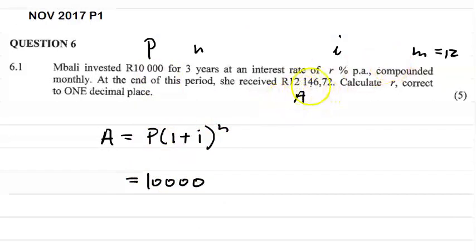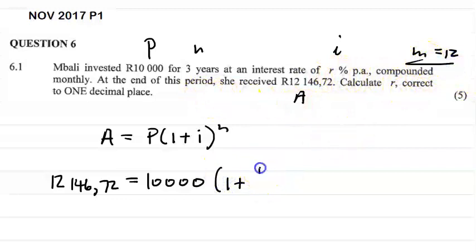The final amount is A, which is 12,146 Rand and 72 cents. 1 plus, now they say R% compounded monthly, so that means the number of compounding periods is 12, so therefore it's going to be R over 12, and it's for 3 years, so your period is going to be 3 times 12, the number of compounding periods, which is 36.